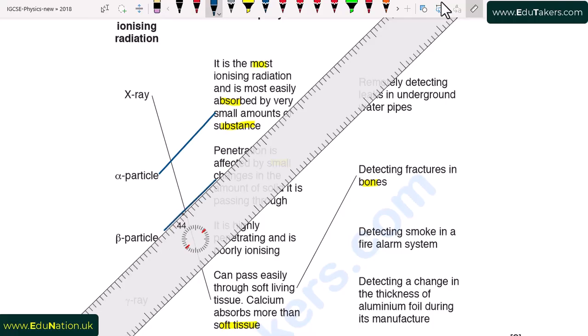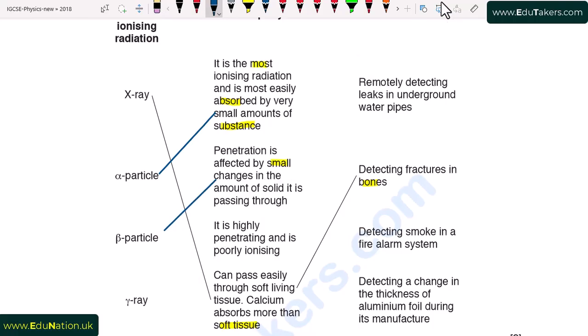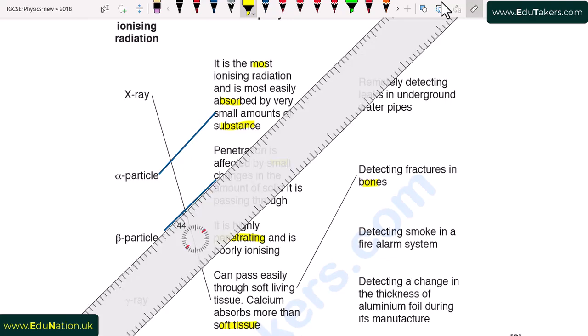Third one is it is highly penetrating and poorly ionizing. So the ray that has high penetration power and low ionization is actually gamma rays. So it will be gamma rays.